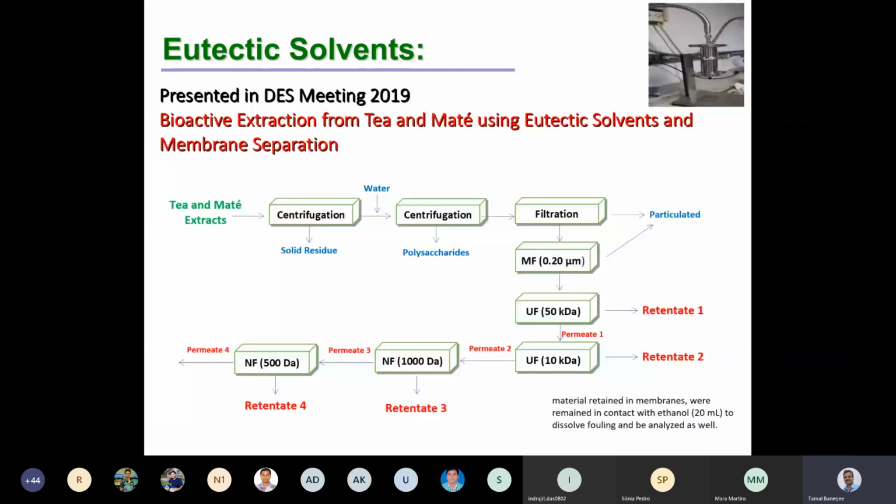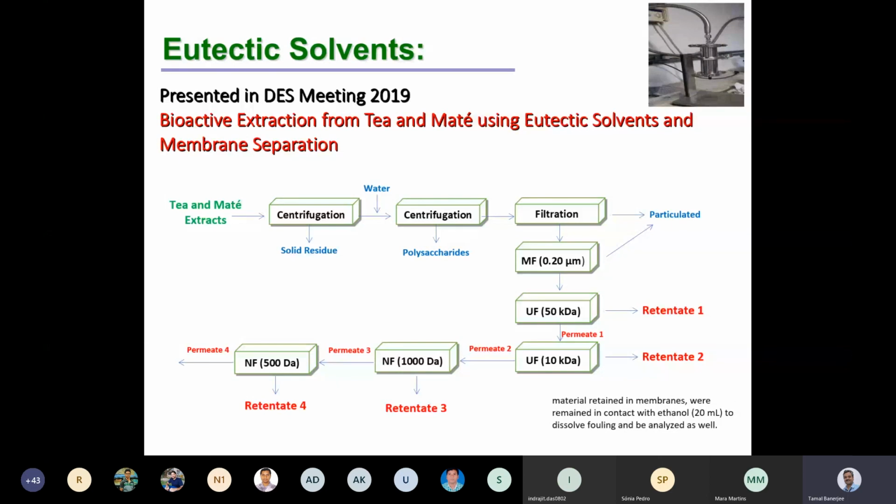Then, choosing the eutectic solvents, we tried a sequence of filtration and membrane filtration, using microfiltration, ultrafiltration with different cutoffs, and nanofiltration with different cutoffs.